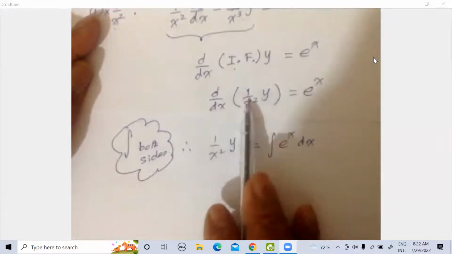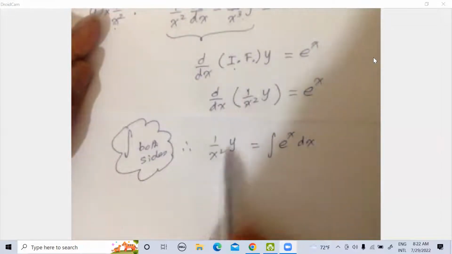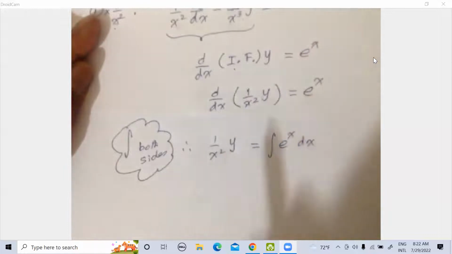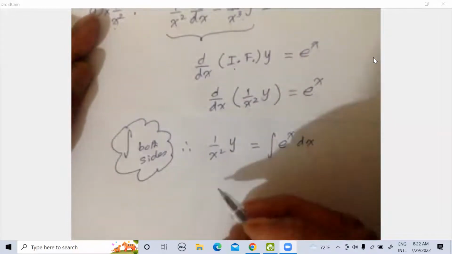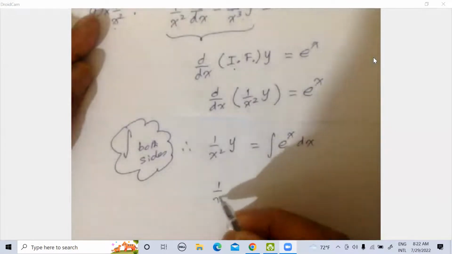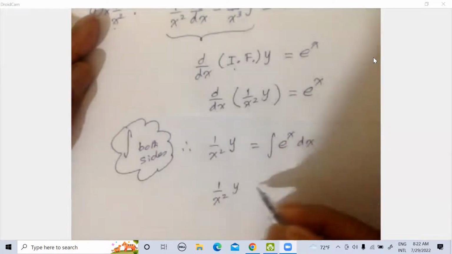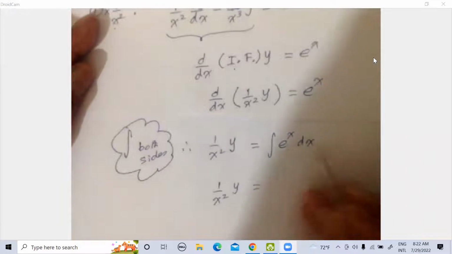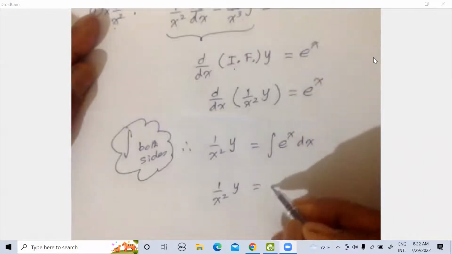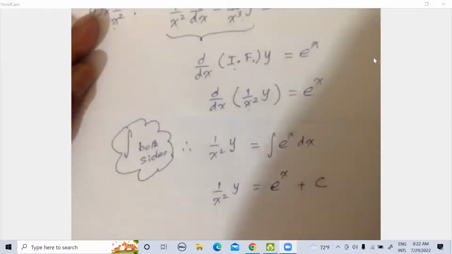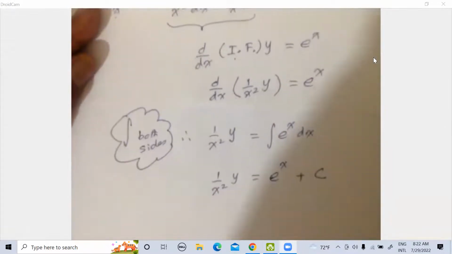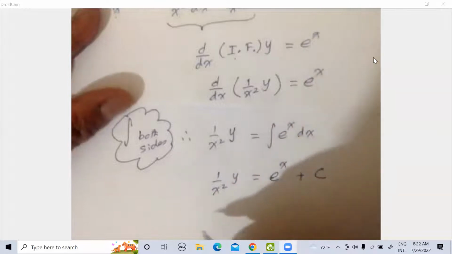When you integrate a derivative, you get the function inside the derivative back. Equals the integral of e to the x dx. What is the integral of e to the x dx? The integral of e to the x is the simplest one, e to the x, then put plus c.